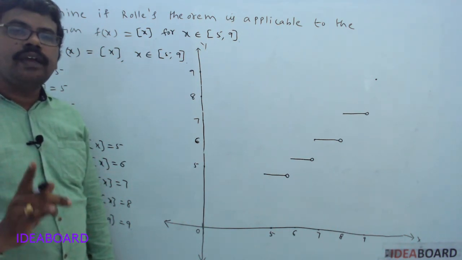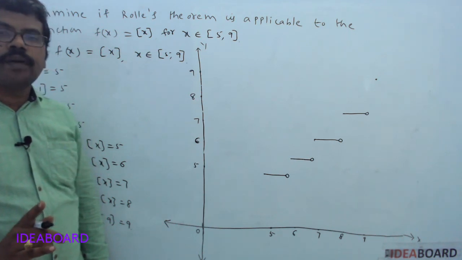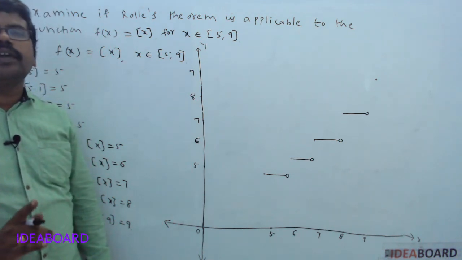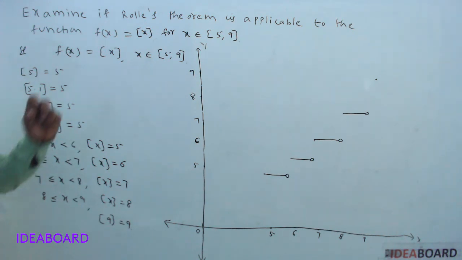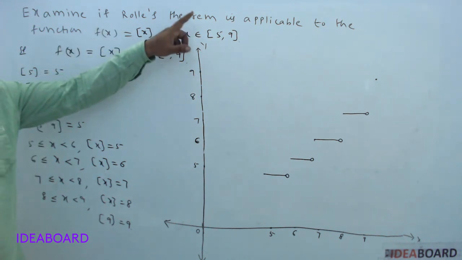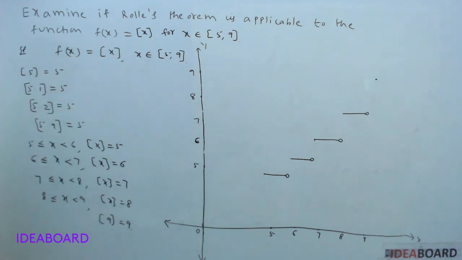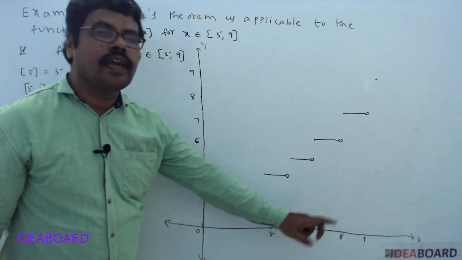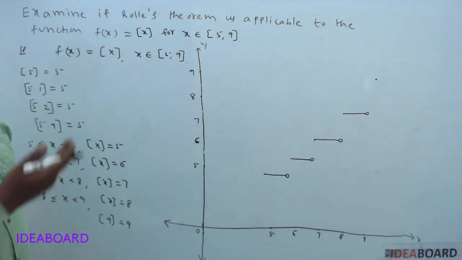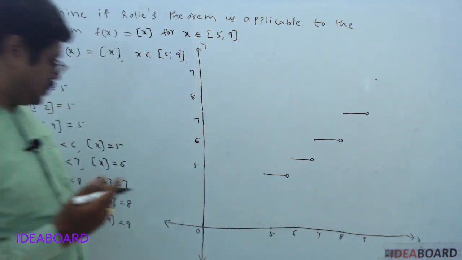Continuous in closed interval a comma b, differentiable in open interval a comma b, f of a equals f of b. If any one of those three conditions fails, we say that Rolle's theorem is not applicable. Now from the graph, our function step of x is discontinuous at 6, 7, 8. So f of x is not continuous.